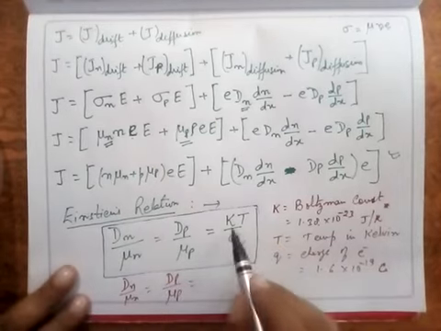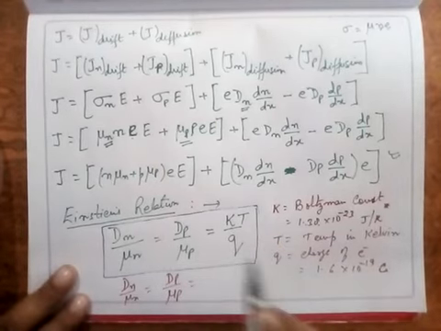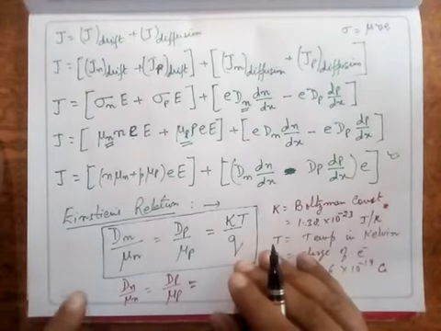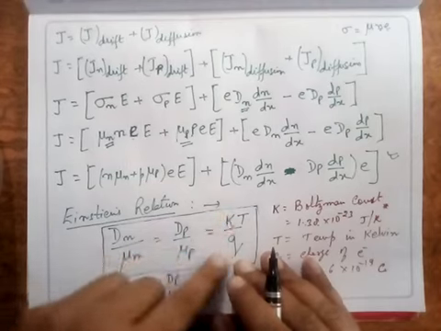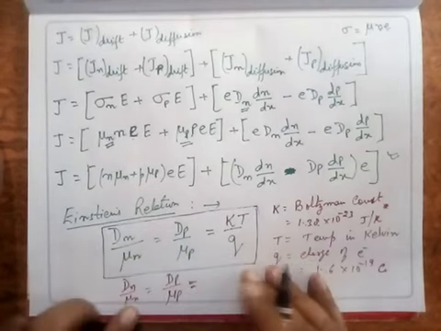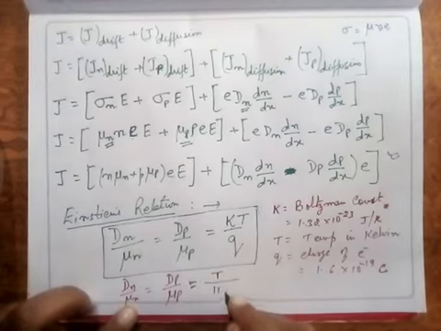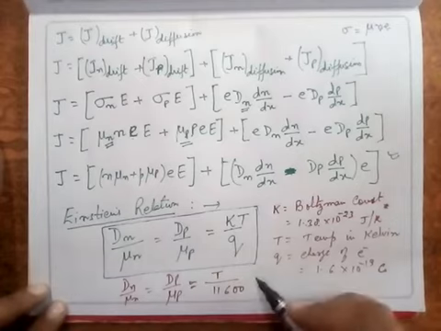If I substitute this value and this value, this comes out to be approximately equal to kT upon q. This will automatically be equal to T upon 11,600 approximately, although this is 598 something, but this comes out to be this much.